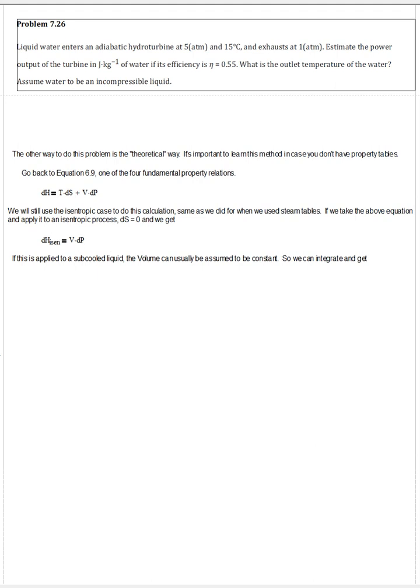We integrate this from state 1 to state 2, so delta H for the isentropic process is equal to volume, which is constant, times the integral of dP from P1, 5 atmospheres, to P2, which is 1 atmosphere.